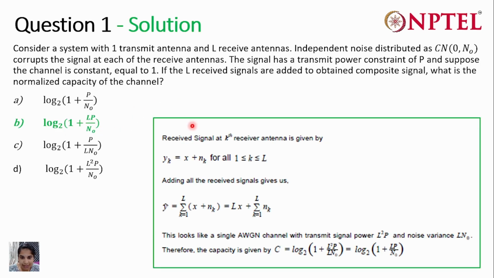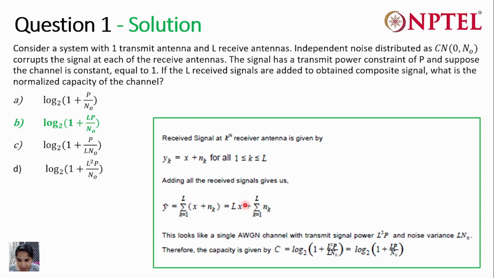So, if we see the received signal at the kth receive antenna, it's x plus nk. It's the same thing for all the receive antennas from 1 to L. Now we are trying to add all the received signals. So we get Lx plus summation k is equal to 1 to L nk.